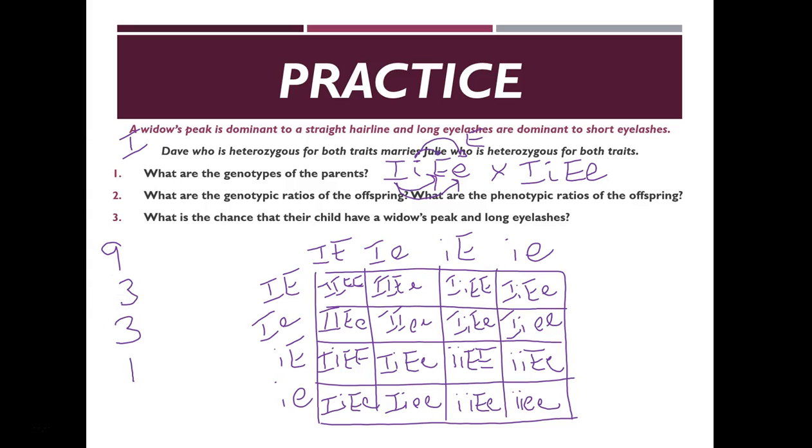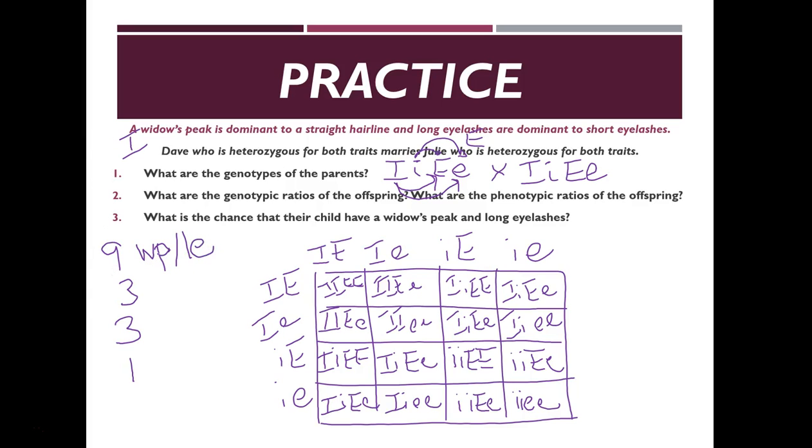Always, always, always. So that actually saves you a lot of work on something, say, like the EOC, where you have to do a problem like this, and you're like, oh my gosh, I don't have enough time to do this problem. Well, guess what? You already know the ratio is 9, 3, 3, 1. So the 9 is going to be both dominant. So that would be a widow's peak and long eyelashes, and we're just going to abbreviate.